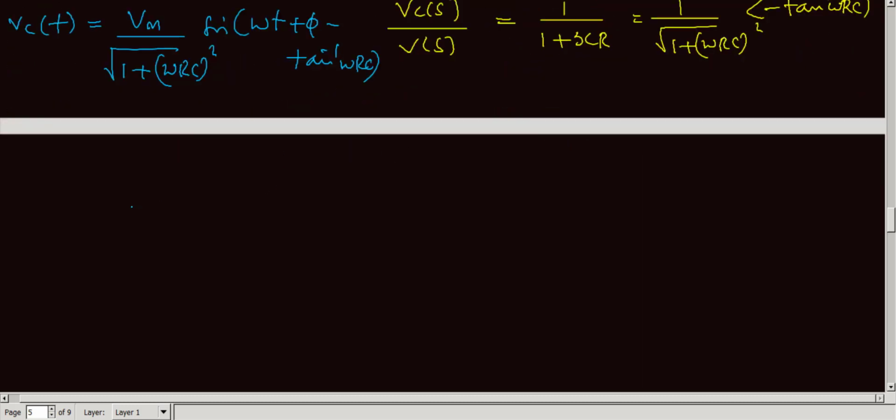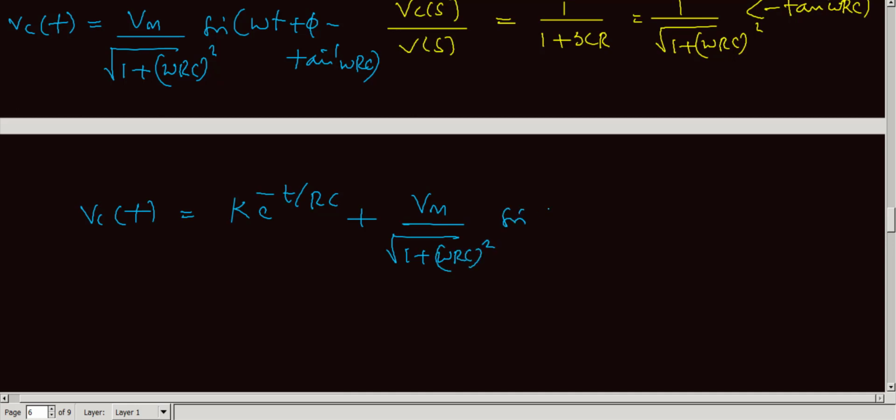The total voltage across the capacitor consists of the complementary function k into e power minus t by RC plus the particular integral Vm by root of 1 plus omega RC whole square sine of omega t plus phi minus tan inverse of omega RC.